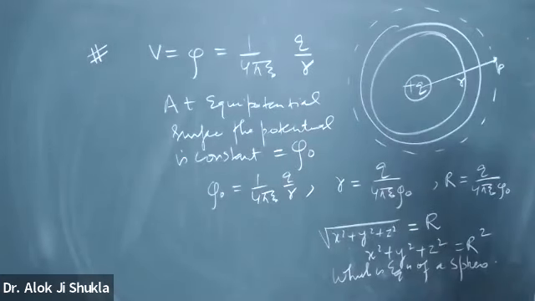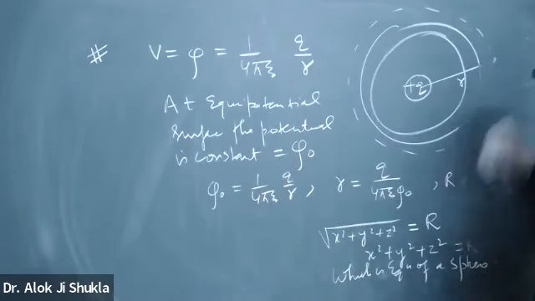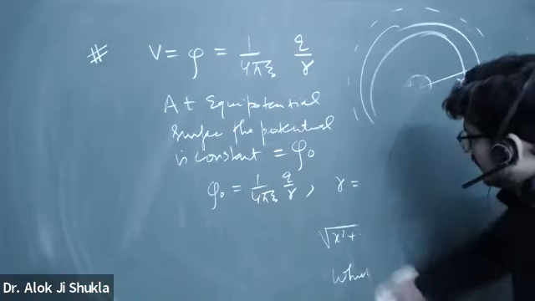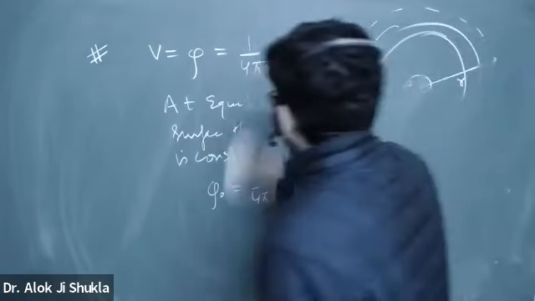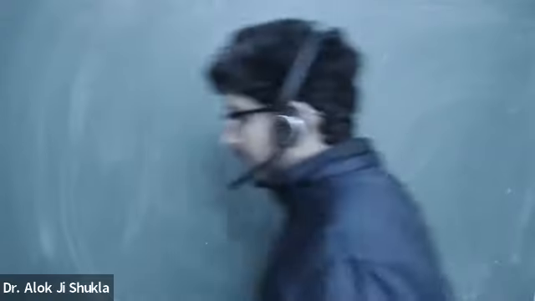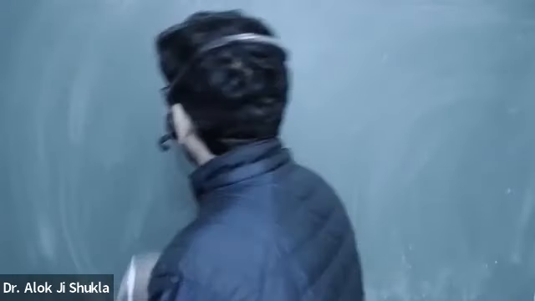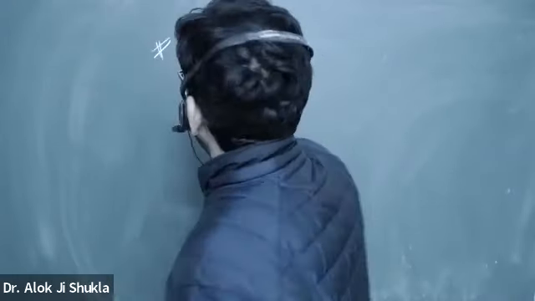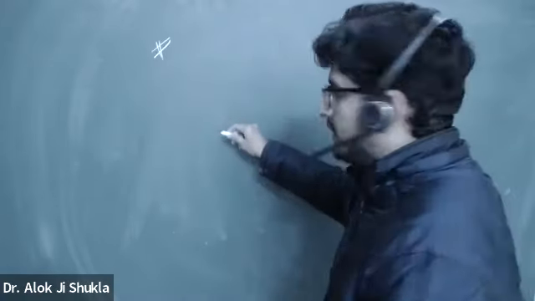और ऐसे ही, depending on the potential, the shape of the equipotential surface will change. Like if you have a constant electric field, suppose electric field is due to an infinite sheet.